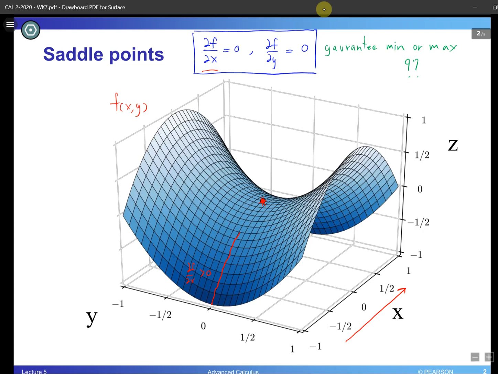And function value keeps increasing until it gets to this point, and then it starts to go down. Maybe something like this. Okay, when the curve goes down, it means that the function value goes down as well. And it means that the rate of change of f with respect to x has to be less than 0. So we are going to have df by dx less than 0 for this portion of this curve.